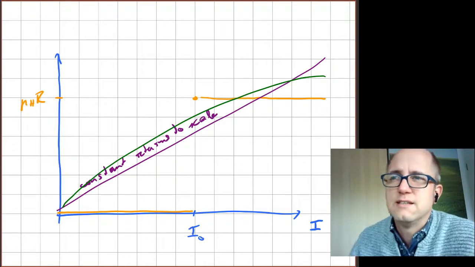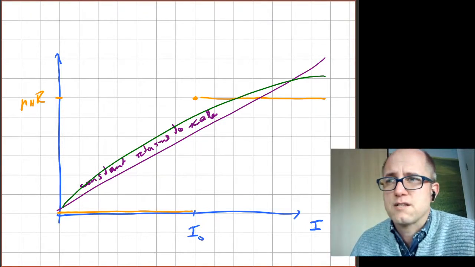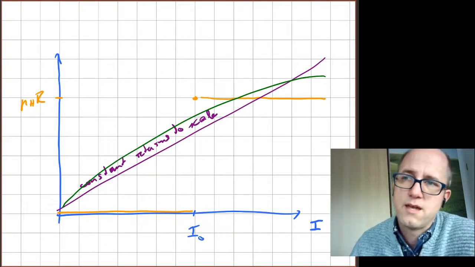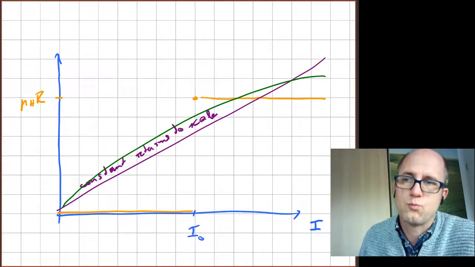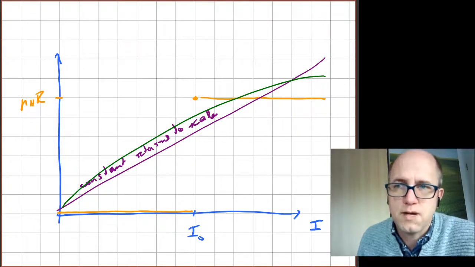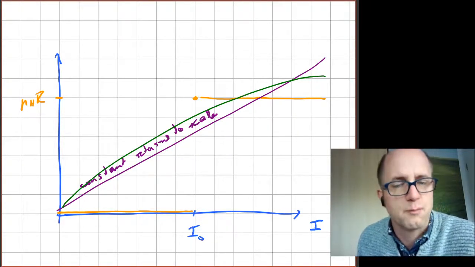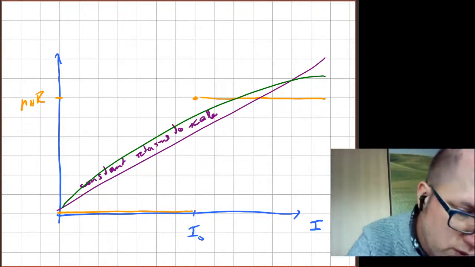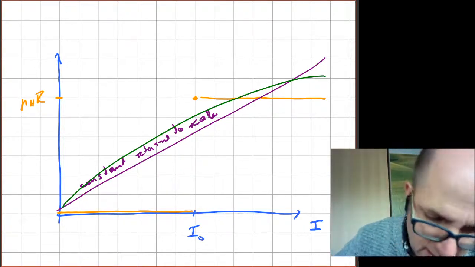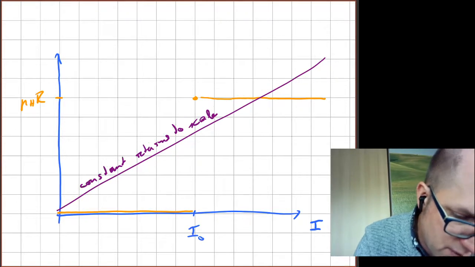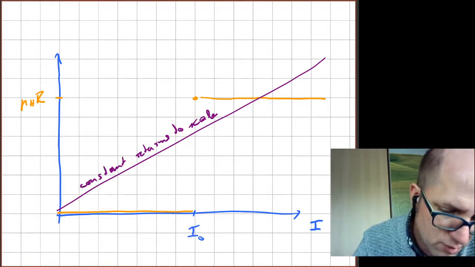In the first part, it's more like the purple curve. In the second part, it's closer to the orange curve. So we have two extreme cases, and the decreasing returns to scale case would be somewhere in between.